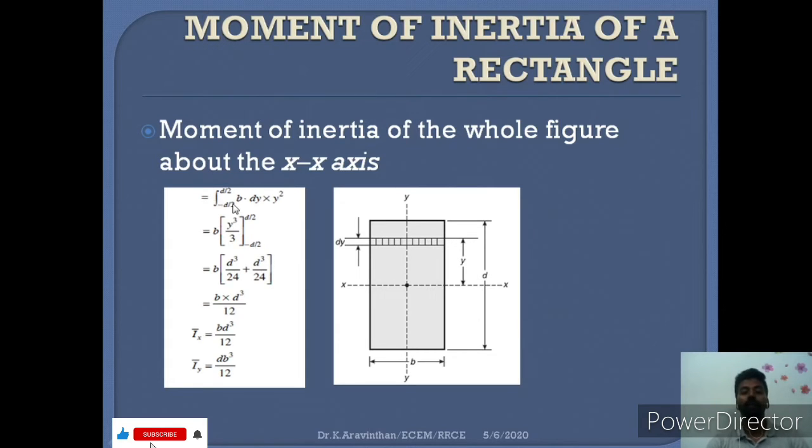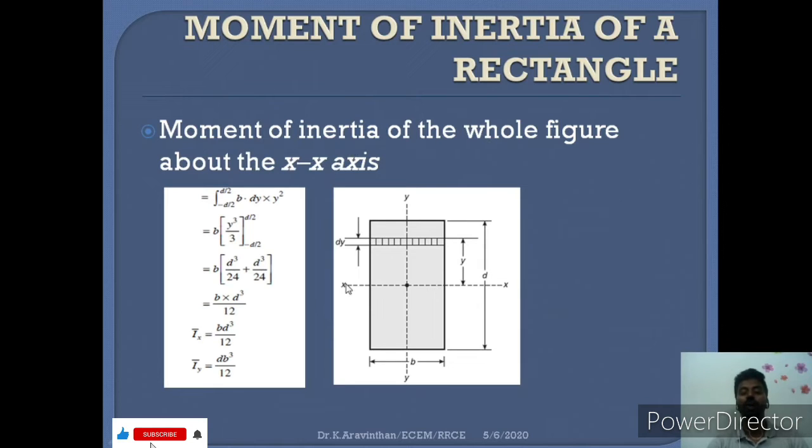This is the parallel axis theorem. By using this theorem, we will identify the moment of inertia about the xx axis. Here you may wonder where the 1 1 plane, the reference plane, is. We assume the moment of inertia of the whole figure about the xx axis.